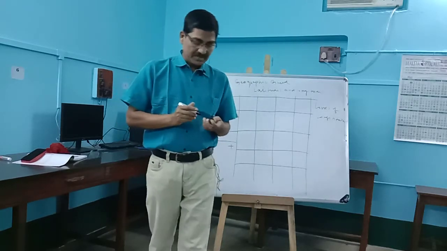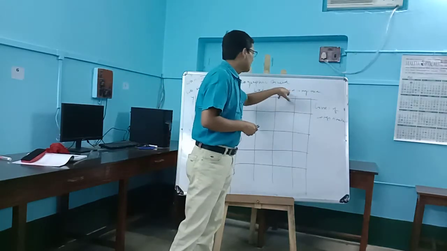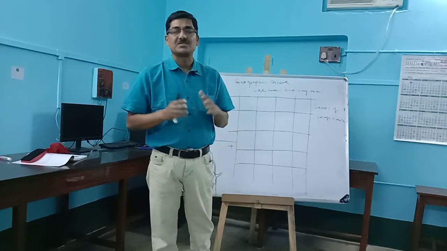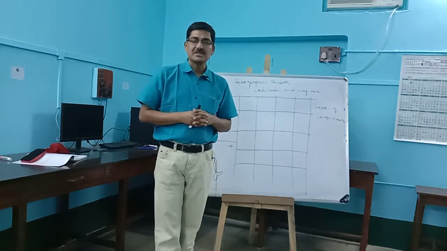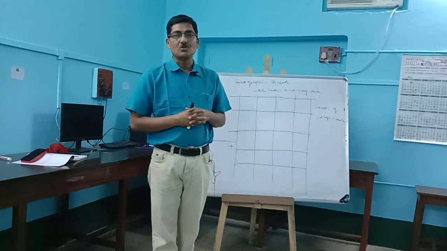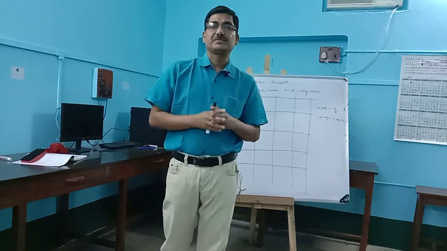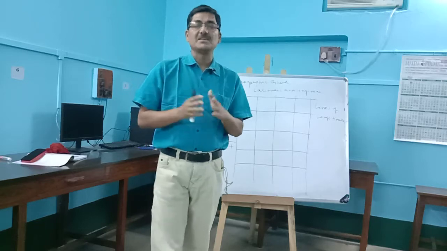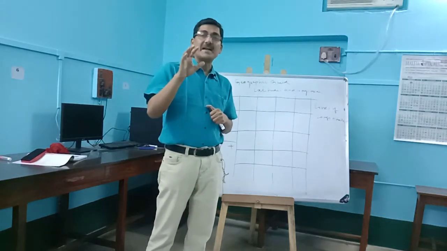So now the next question: what do we mean by the lines of latitudes and lines of longitudes, and what are their characteristics? The lines of latitudes refer to those lines which join the places having the same latitude. Lines of latitudes are imaginary lines which join the places having the same latitude.